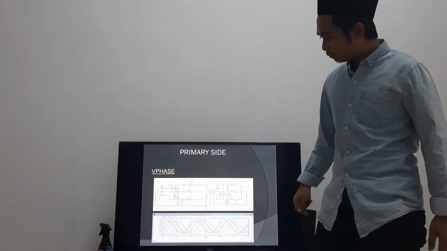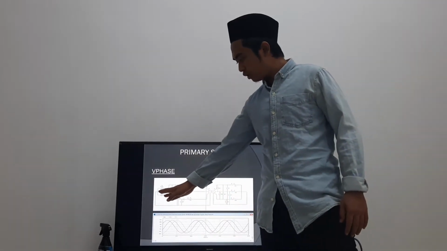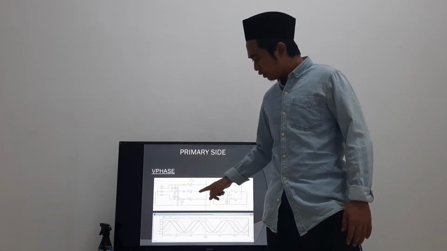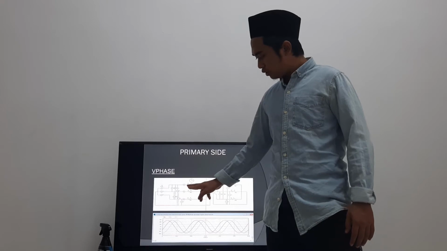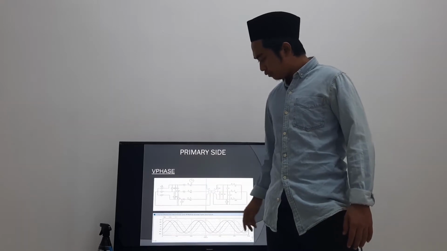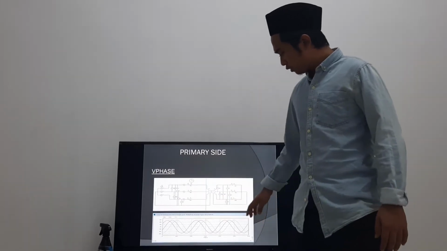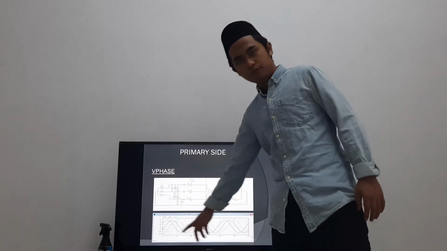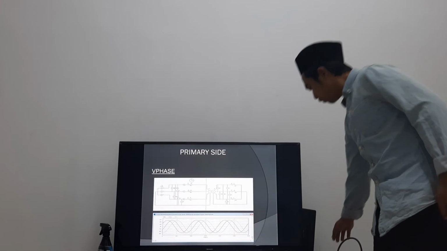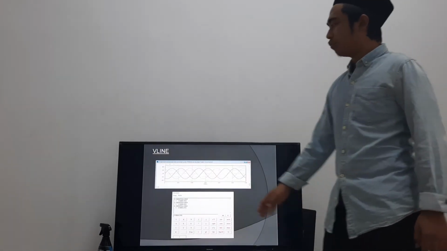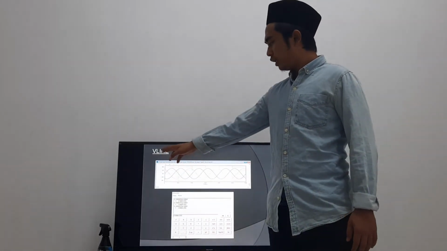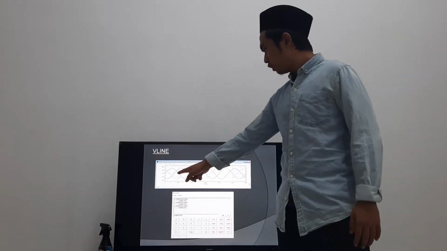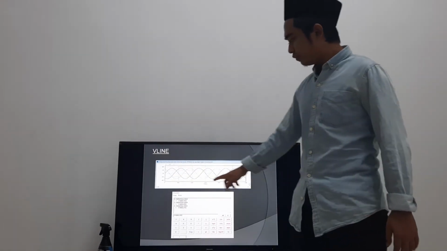As you can see, this is the supply, the voltage, the ampere meter, the resistor and inductor, the transformers. So this is the diagram, and this is the graph. I get a stable graph. So next is V line. For V line, this is the graph. As you can see, the graph that I get is very stable.